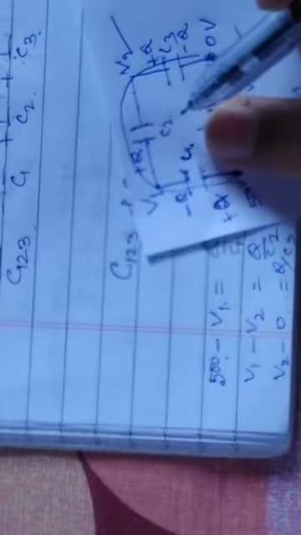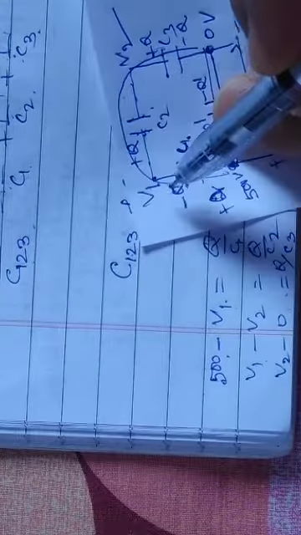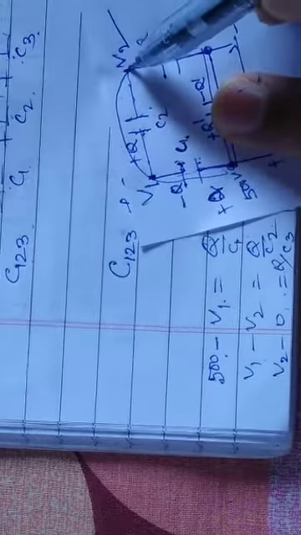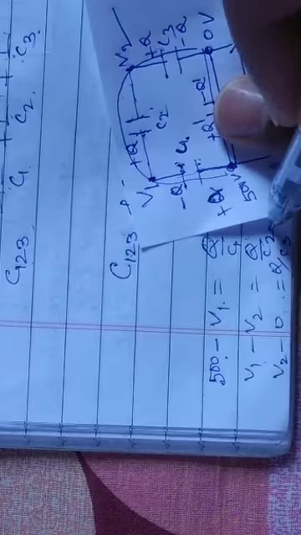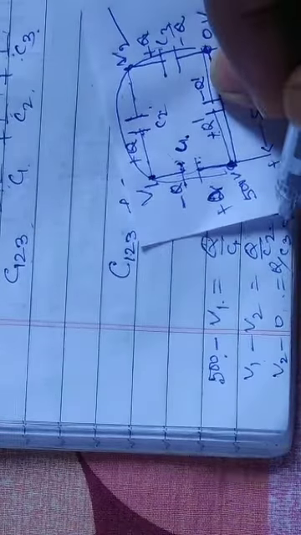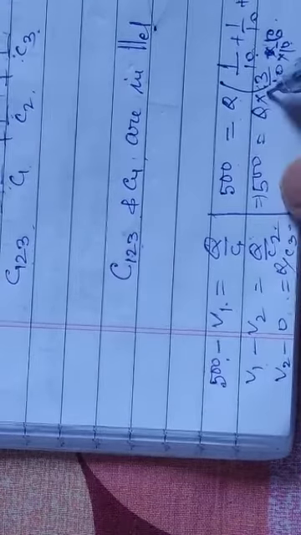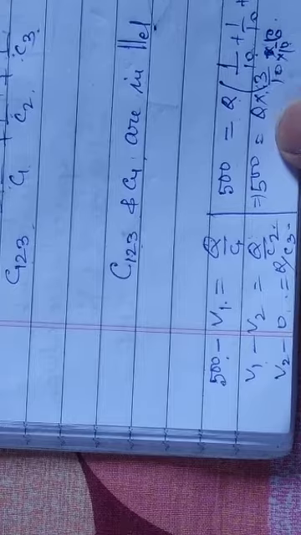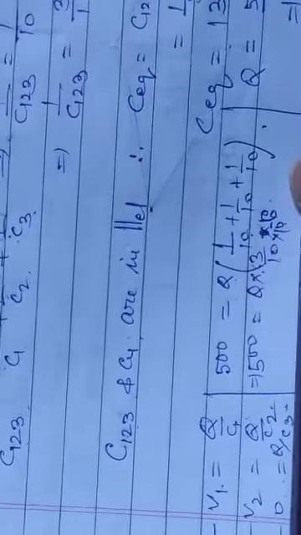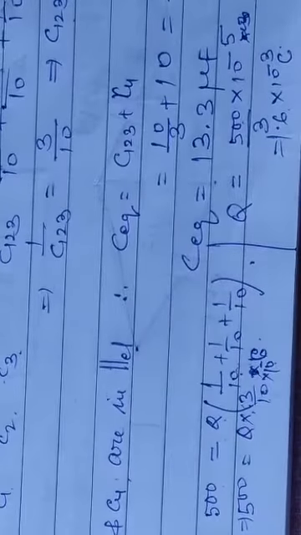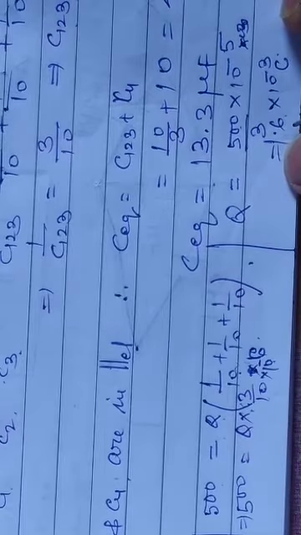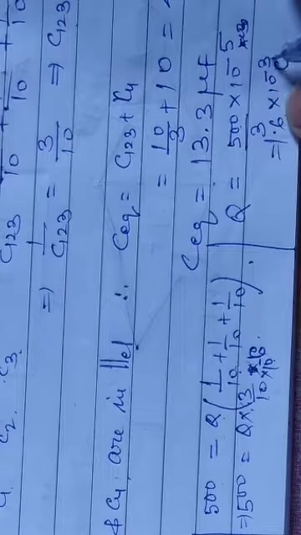Similarly for C2, V1 minus V2 is equal to Q by C2. For C3, V2 minus 0 is equal to Q by C3. Adding these three equations, substituting the values of C1, C2 and C3 and solving, we get Q equal to 1.6 into 10 to the power minus 3 coulomb.